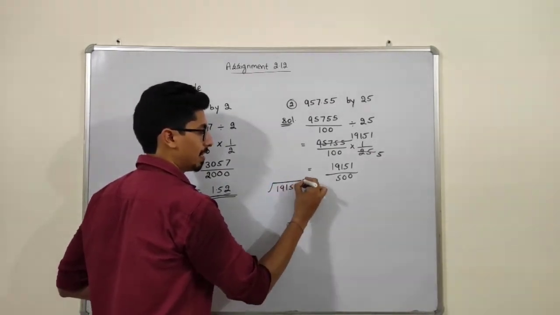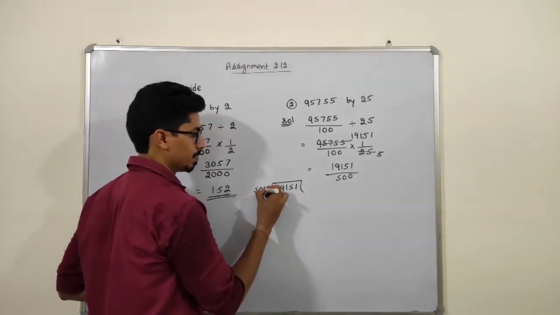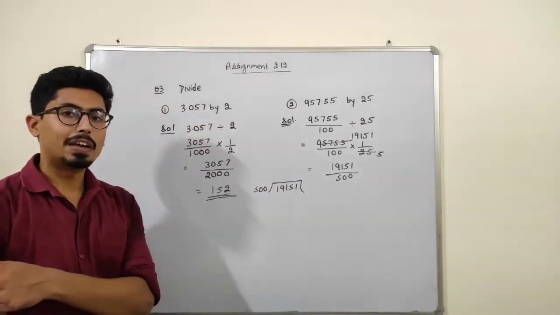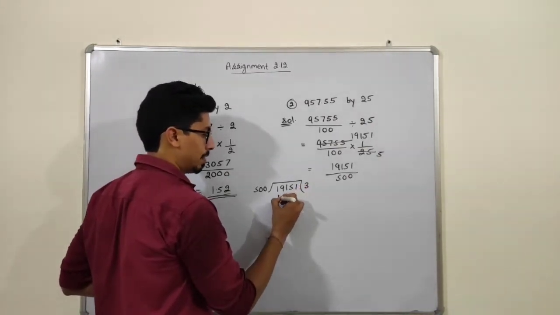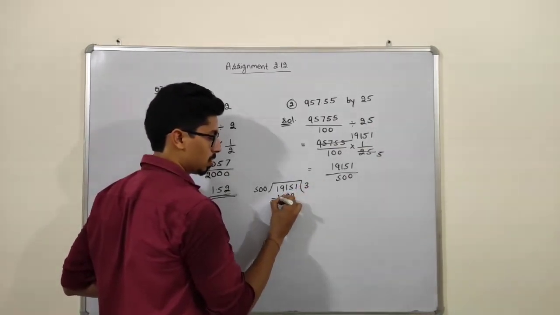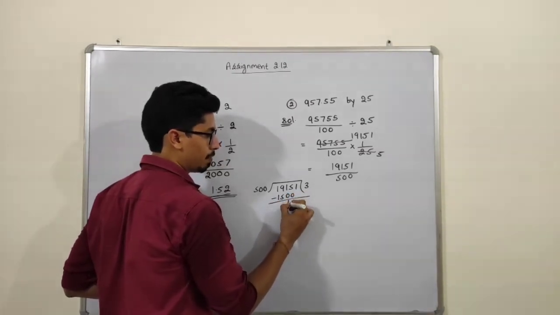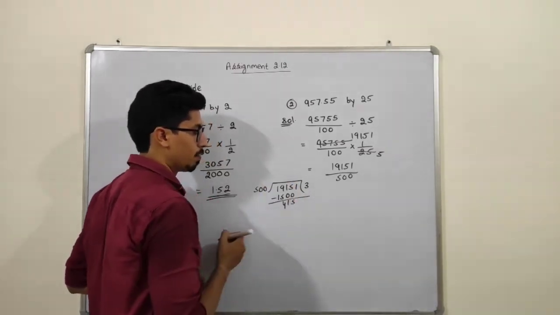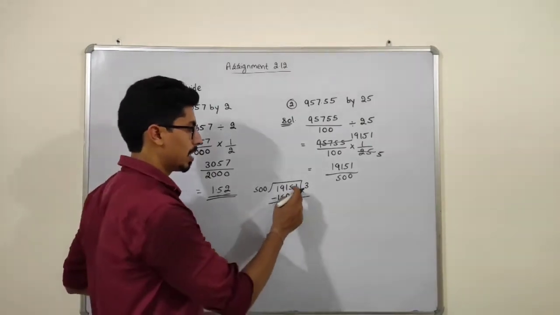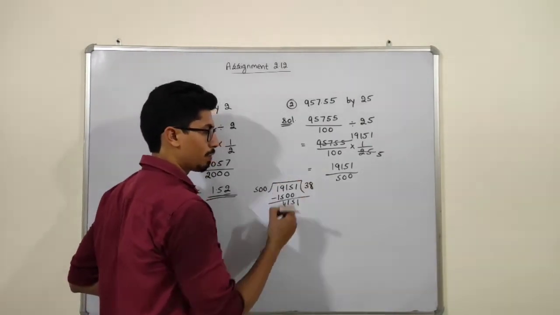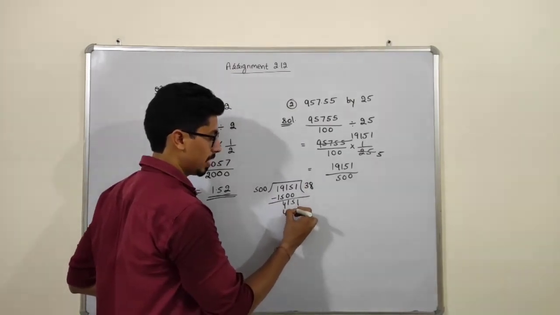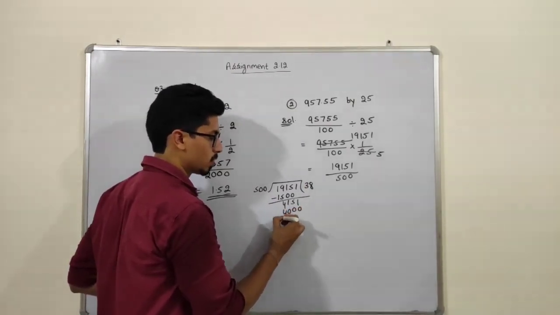19151 when divided by 500, students. So 5 3s are 15 and 2 zeros. Then 5, 1 and 4 as it is, students. Now I take this 1 and put it here, so it is divisible by 8. So 5 8s are 40 and 2 extra zeros.